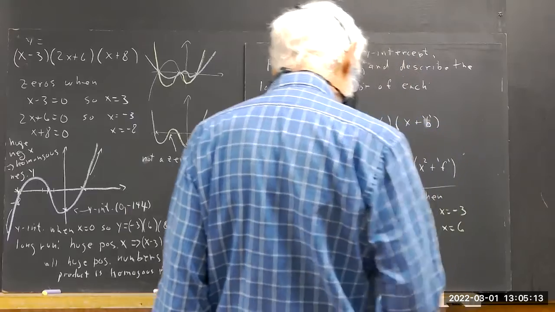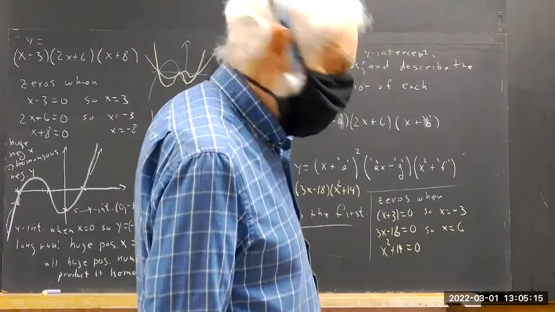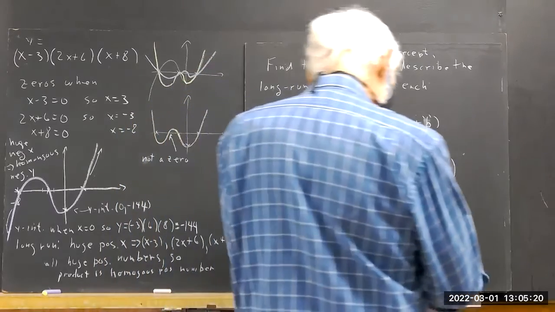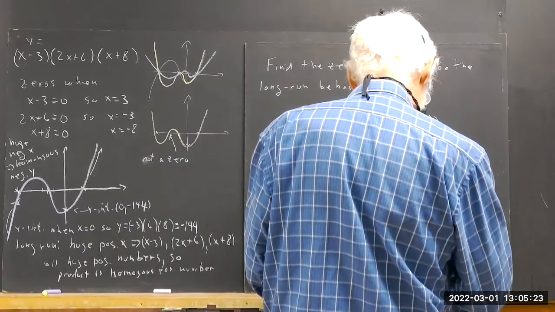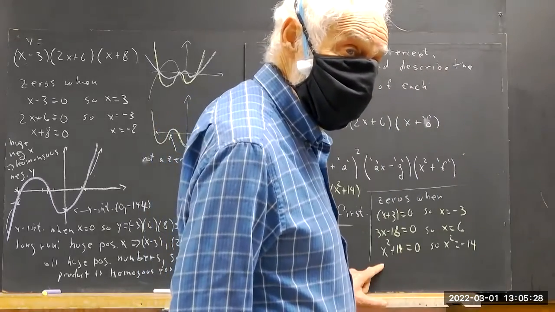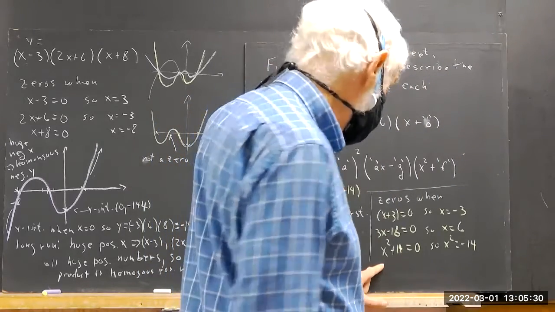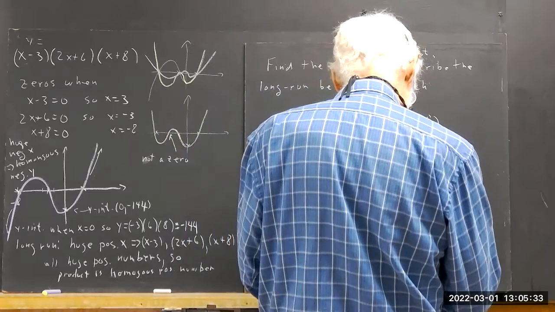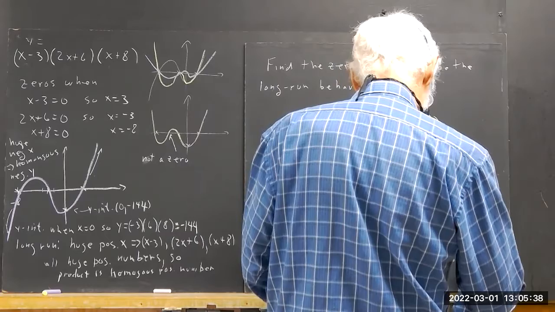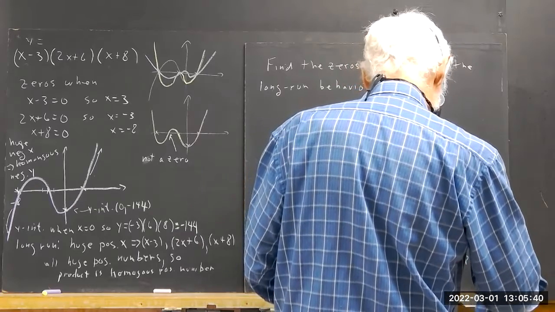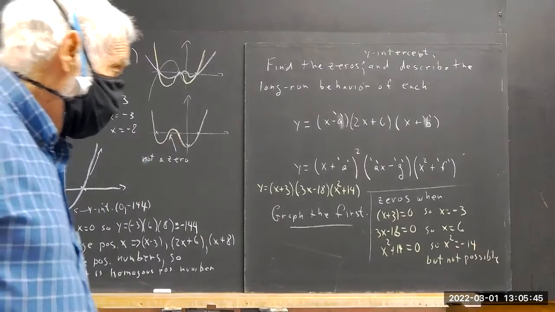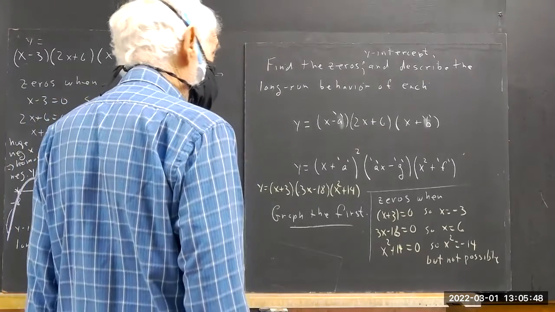And x squared plus 14 can't be 0, because x squared can't be negative, right? You could say x squared is -14, right? So this doesn't give you 0. Then the y-intercept.